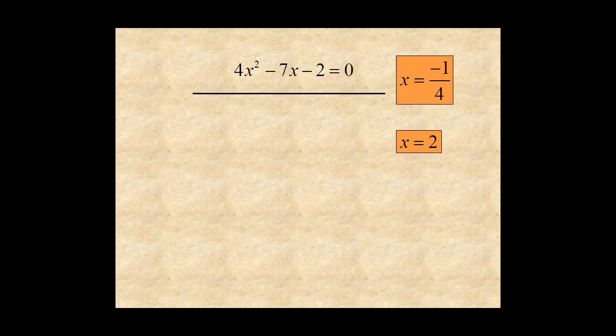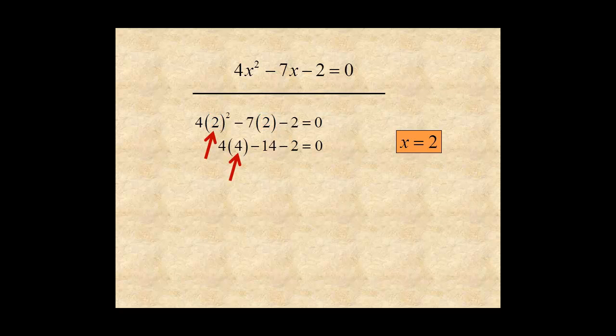Remember to check both solutions. Substitute x equal 2. 2 squared is 4, and negative 7 times 2 is negative 14. Then 4 times 4 is 16, and negative 14 minus 2 is negative 16, and the second solution checks.